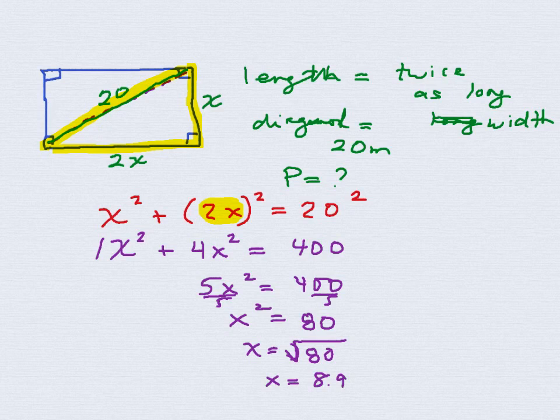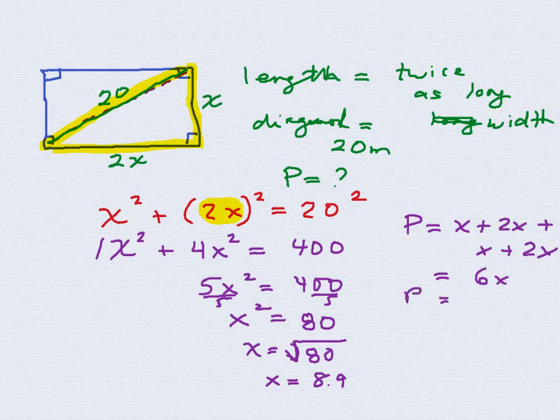From that, we need to go back and answer the question. What was the perimeter? Well, we have the perimeter of the whole field, not what I've traced in yellow, but the whole field. The perimeter would be x plus 2x plus x plus 2x, outside edges, which is a grand total of 6 x's.